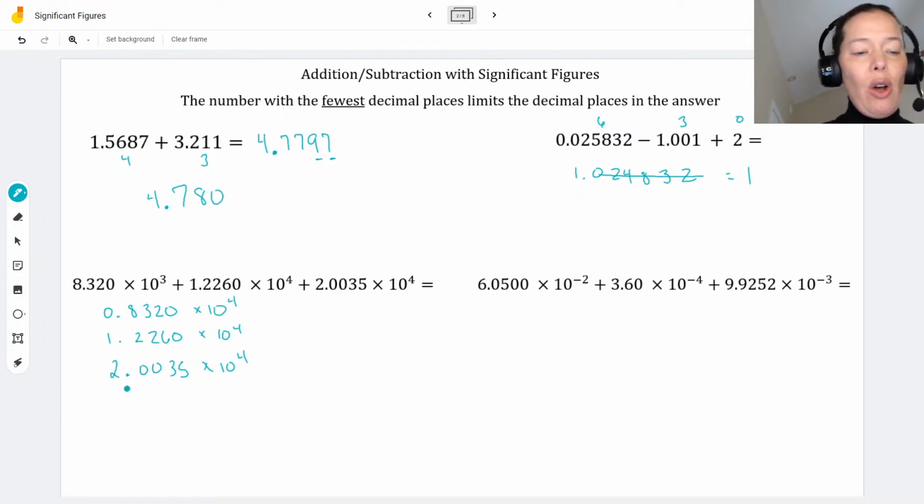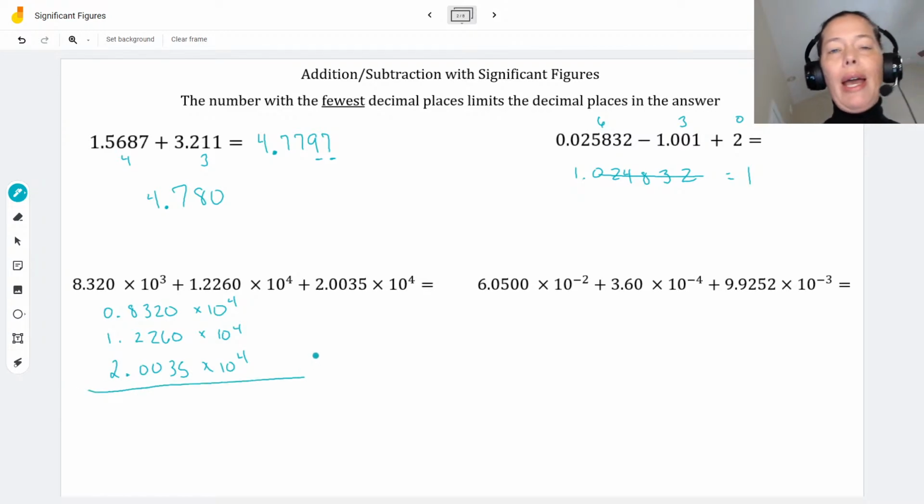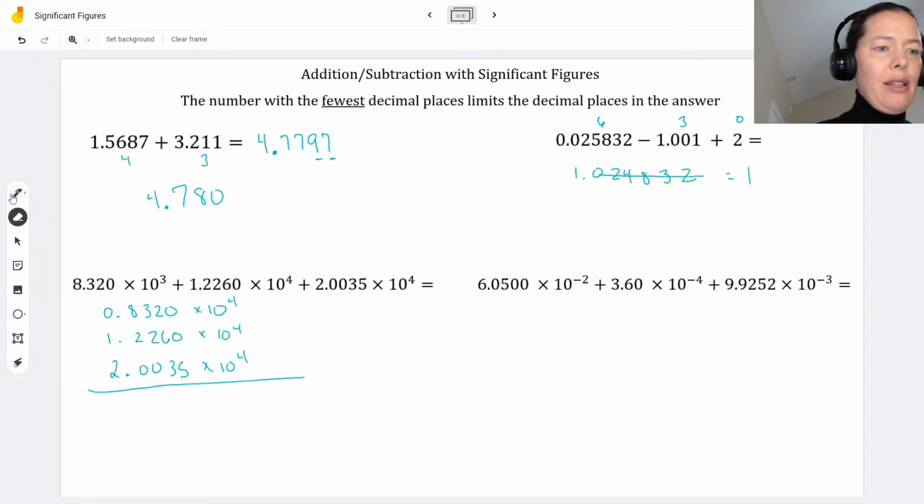Okay, so now if I put this in my calculator, I'm going to get, oh, nope, not that answer. Sorry. 0.06. I got a little too eager to put that 6 in, didn't I?